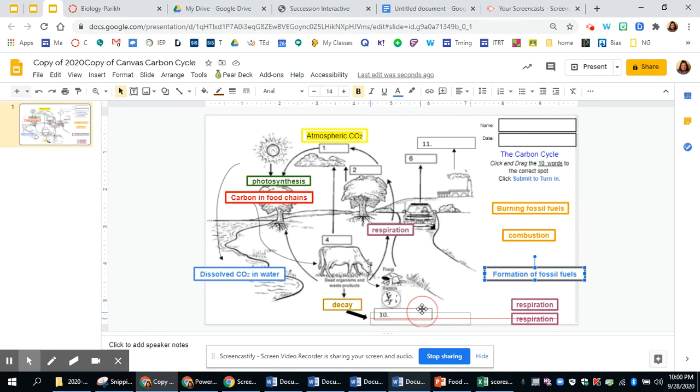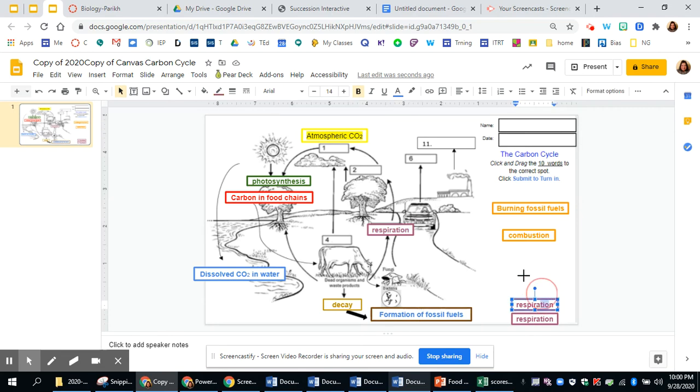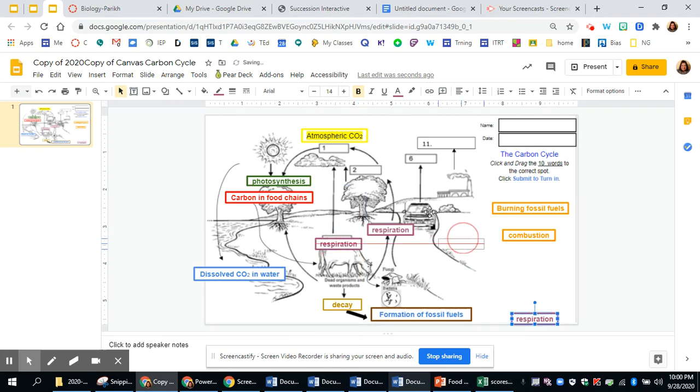With pressure and time, we see the formation of fossil fuels, so oil and coal and gas. And all living things go through respiration. So whether we're talking about a fungus, an animal, or a plant, we see respiration for all of these. And then finally, we have some man-made things, combustion and burning of fossil fuels.